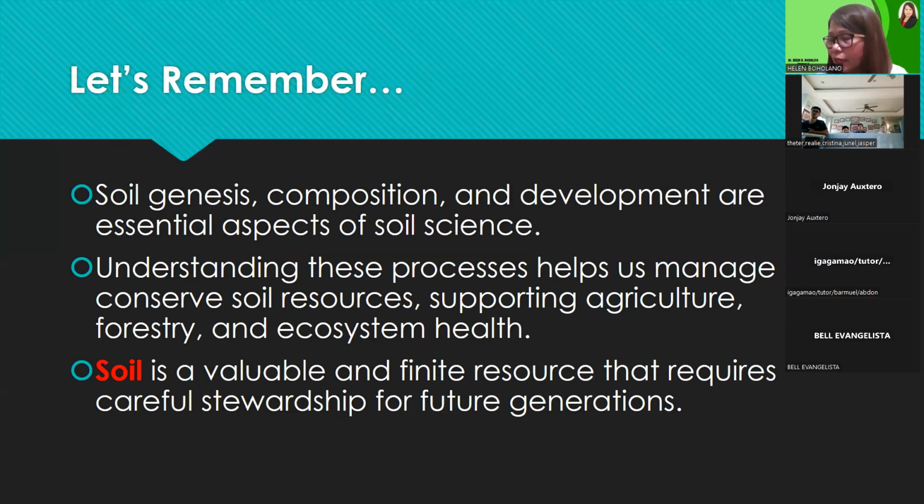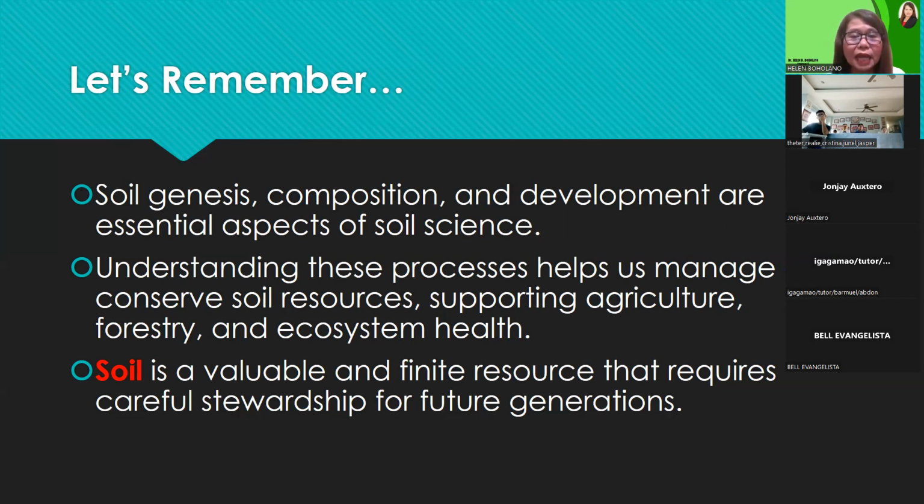Now, let us remember, ladies and gentlemen, that soil genesis, composition, and development are essential aspects of soil science. Understanding these processes helps us manage and conserve soil resources, supporting agriculture, forestry, and even ecosystem health. Soil is a valuable and finite resource that requires careful stewardship for future generations.